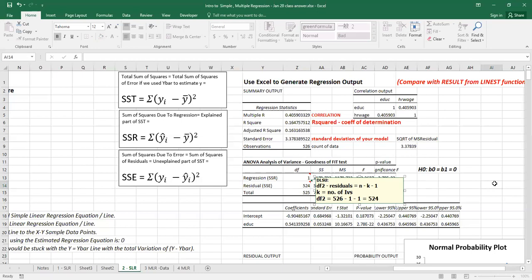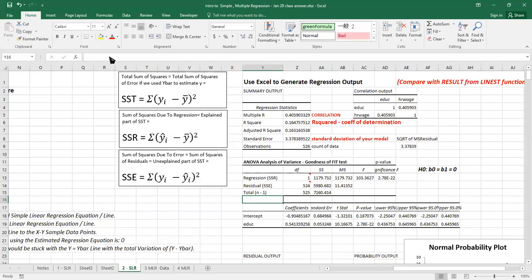Total is just your n minus 1. Okay, this is 526 minus 1, so 525. Okay, clear, guys? Clear ba?